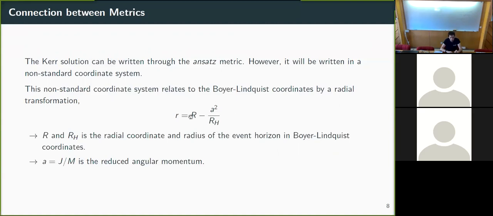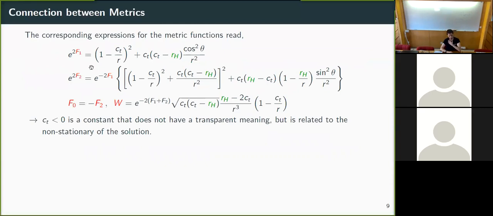So here R and big RH are the radial coordinates of the event horizon in Boyer-Lindquist coordinates. And this A here is just the reduced angular momentum, so angular momentum over the mass.